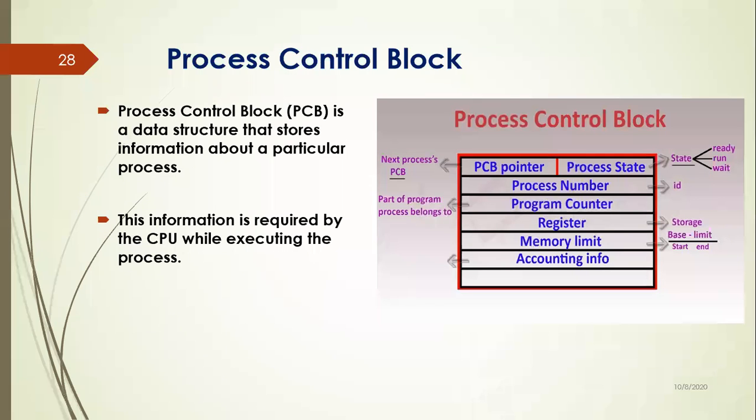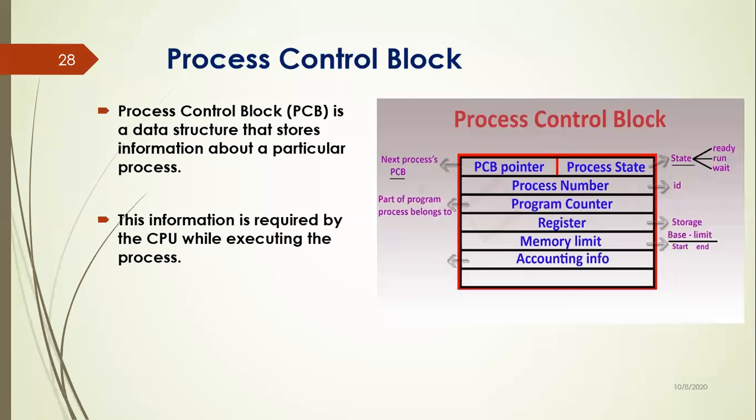Now the next is a process control block. See, when we are saying that the process management is done by the operating system, if you are running multiple processes, then the operating system is going to handle this multiple processing. Now, when the operating system handles this, it will maintain some registers and some data for that particular process.